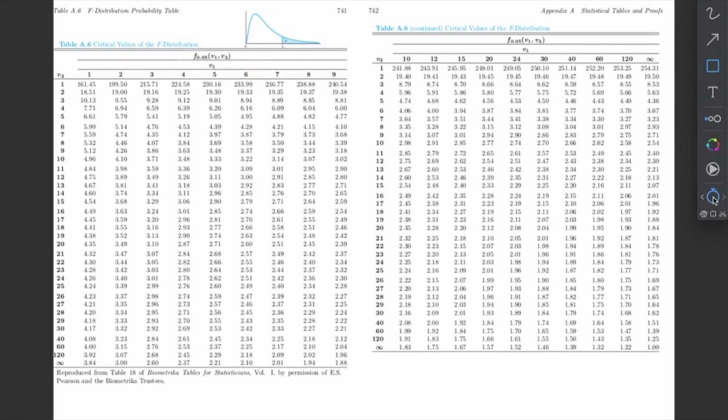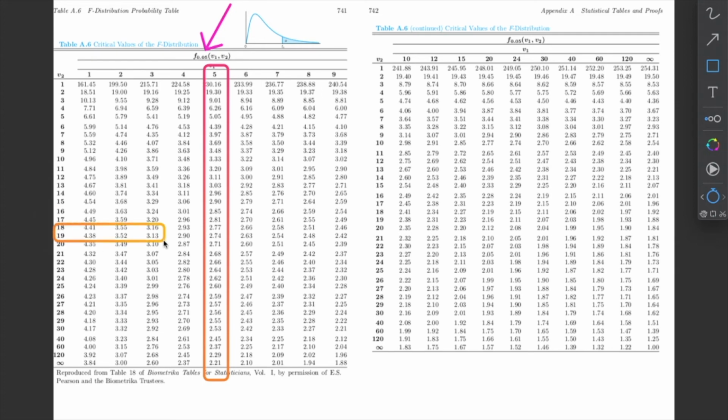Nu 2 is degrees of freedom for the error. So for alpha as 0.05, nu 1 as 5, this is the column, and nu 2 as 18, this is the row.